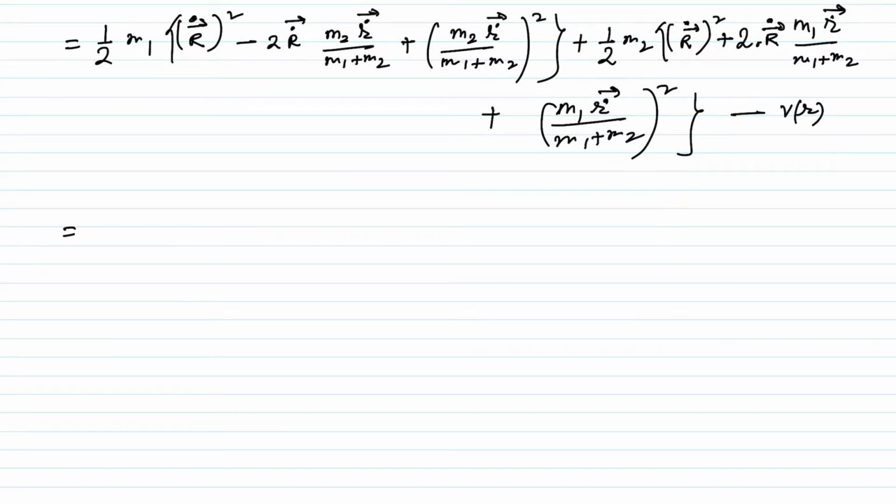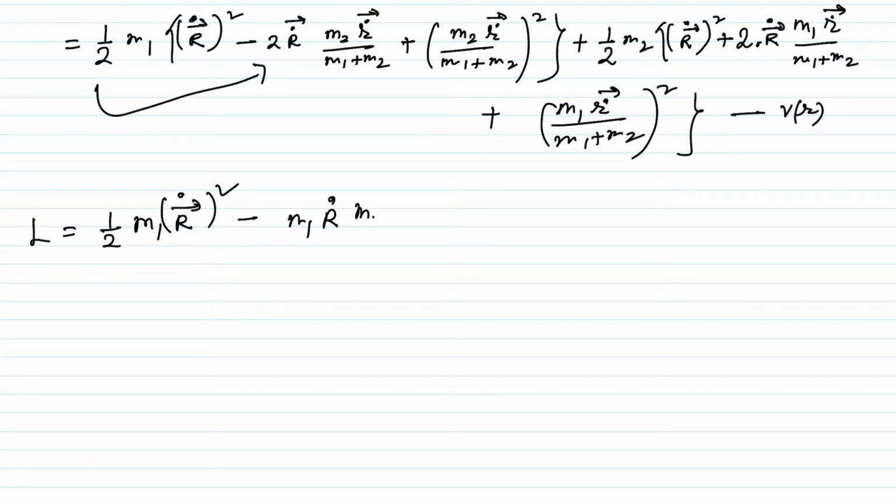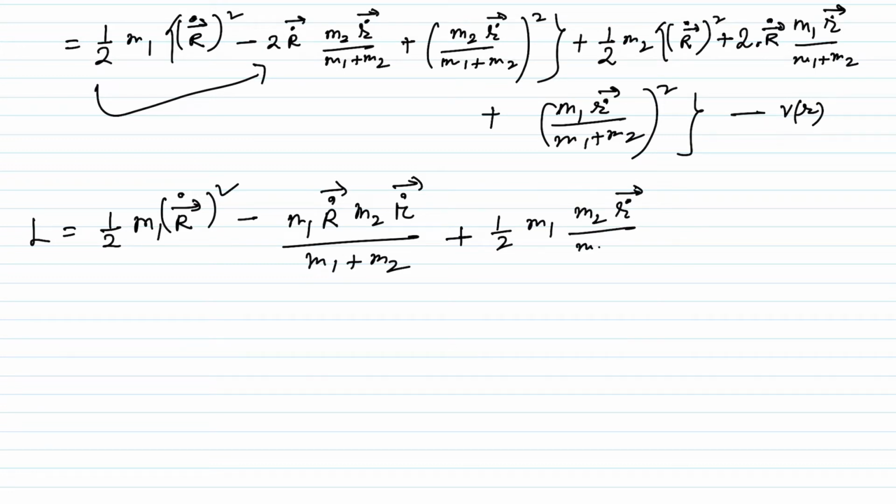Multiplying after simplification, you will get half m1 r dot vector square, minus, if you multiply with this one, 2 will be cancelled, m1 r dot m2 r dot vector by m1 plus m2, then plus half m1 m2 r dot vector by m1 plus m2 whole square.